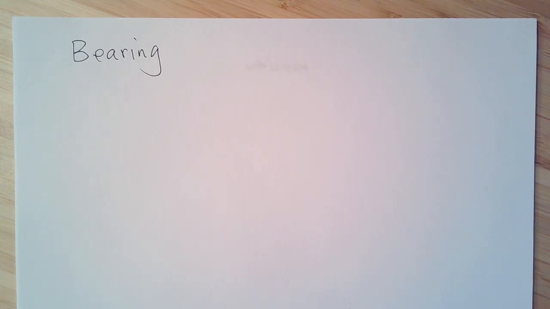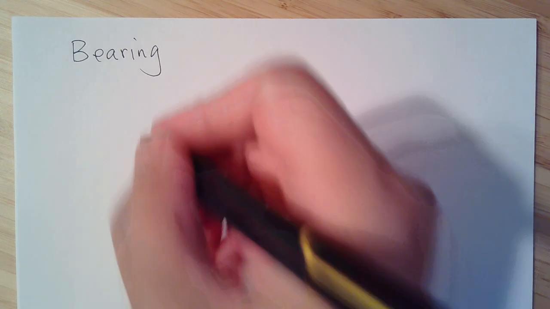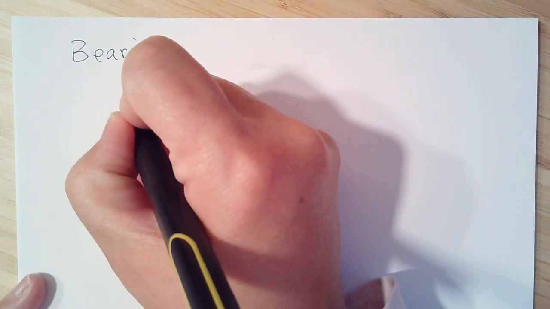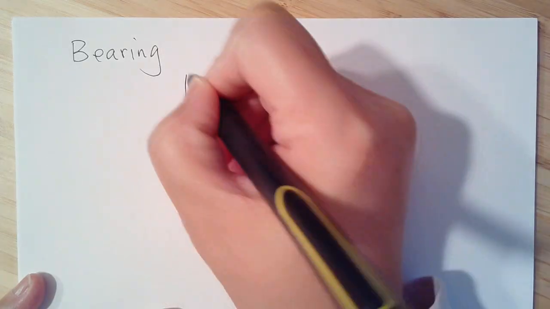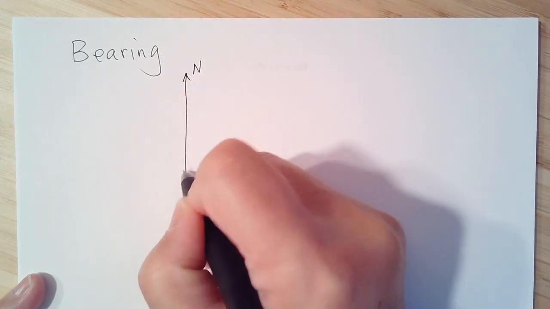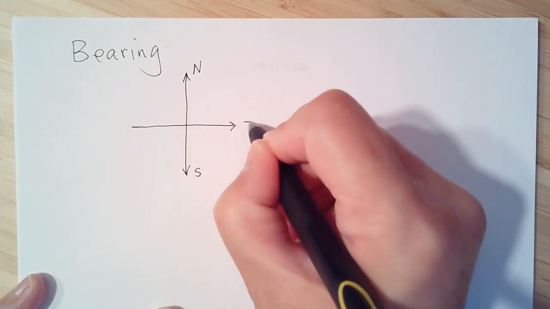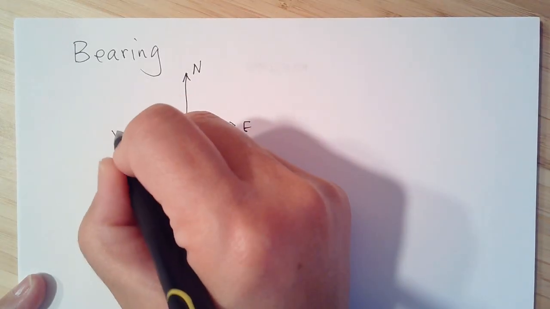So bearing is something interesting that will help you find the direction of things you're looking for. When we talk about direction, in the map, I assume you know how to read a map. So this is north, this is south, east, west.